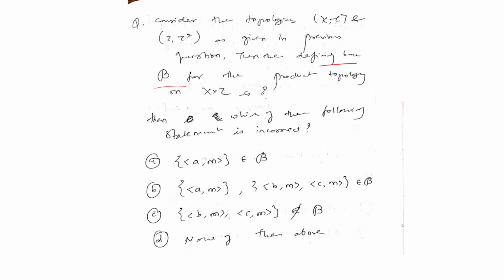So first of all, find the basis B, but the actual question is about which of the following will be part of the basis. So first find the basis B, and then check which of these elements will be part of the basis. I hope by this question your doubt from the last question will also get rectified.